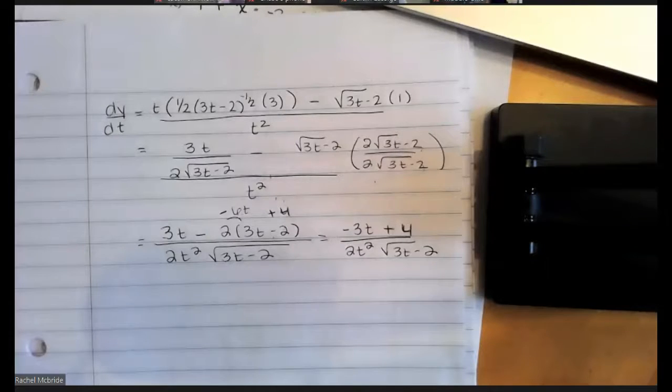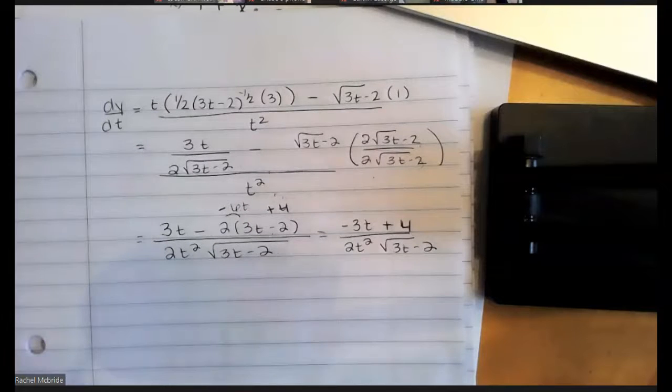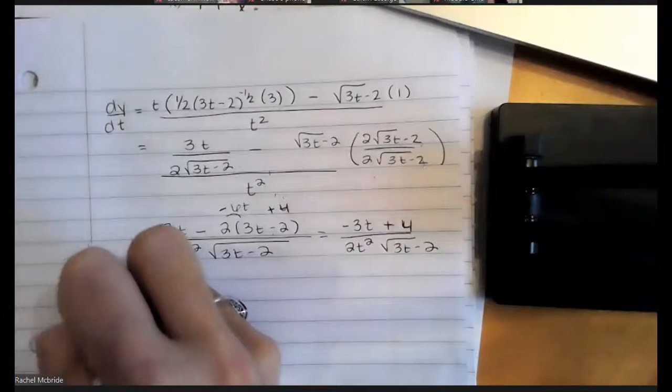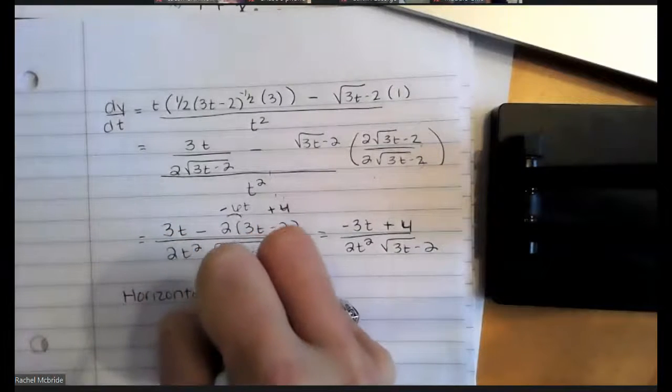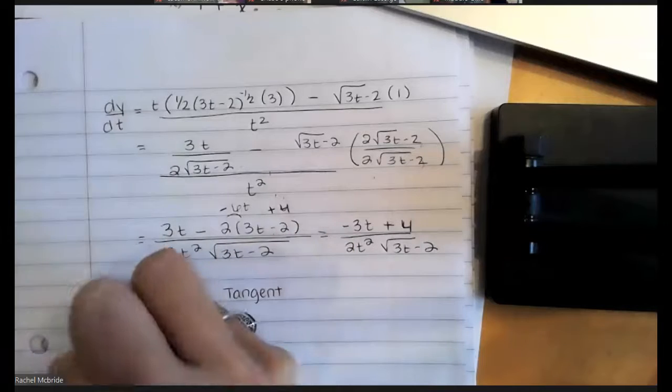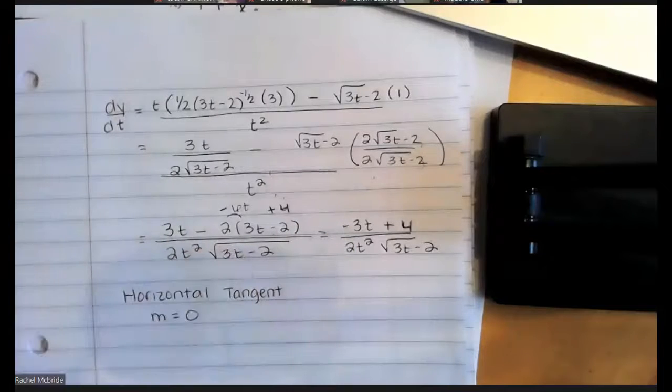Once you have your derivative, then what we're going to do is only set the numerator equal to 0. So essentially a fraction is going to give me two different types of tangents. The numerator is going to give me the horizontal tangent, or the tangent essentially where the slope of the derivative is equal to 0.